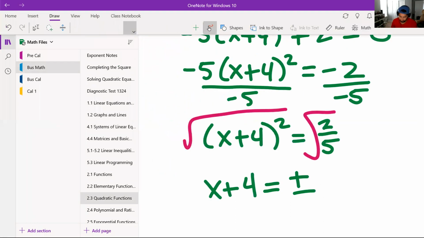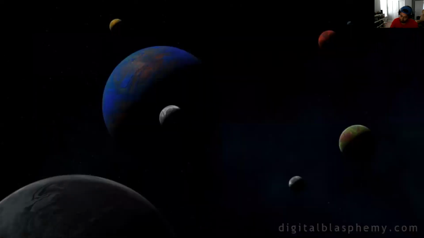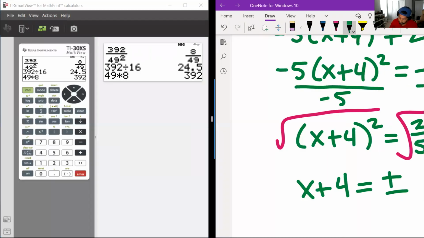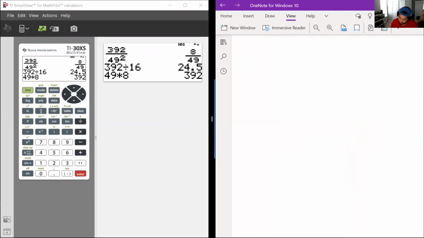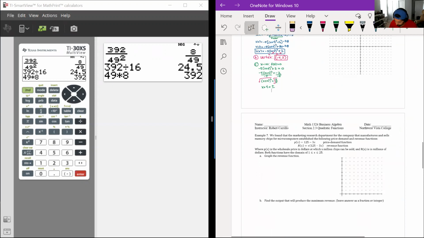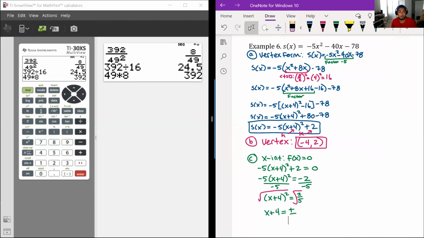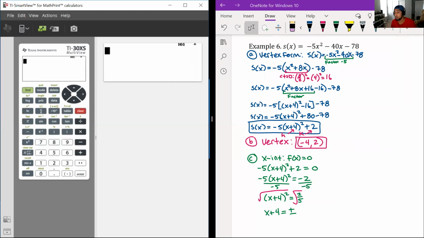Let's see. Okay, and I'll show you on the calculator. In case you're wondering, I'll just say second square root 2 divide 5.